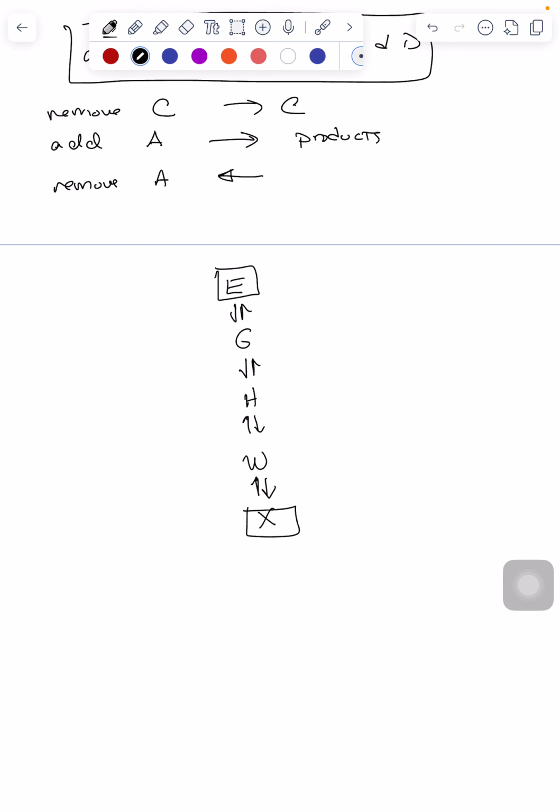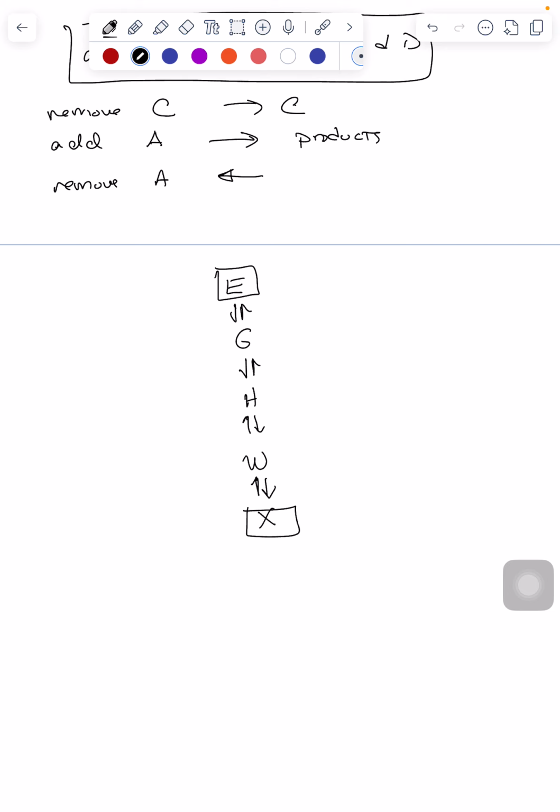There's the last one in the pathway. Notice that the product of this reaction, E to G, is now the reactant for the subsequent reaction. G is a reactant that creates product H, and H is a reactant in the reaction that creates product W, and so forth. So you can see that the conditions in one reaction are going to influence conditions of the subsequent reactions in the pathway.